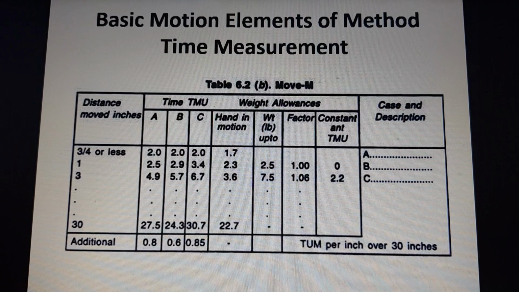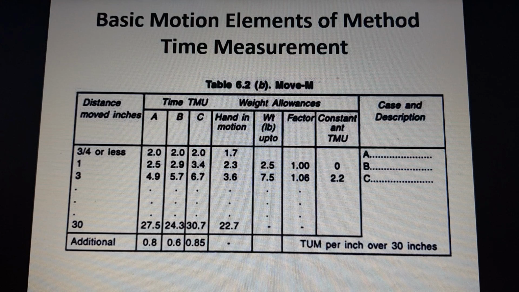So here's the table for movements, and as we can see, there's the distance moved in inches, the same as in reach. But in reach, we're just reaching over to an object. Here, we're transporting, we're moving. So those are the three cases that we have there.